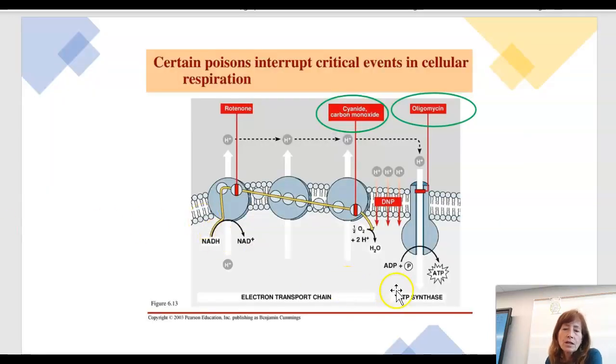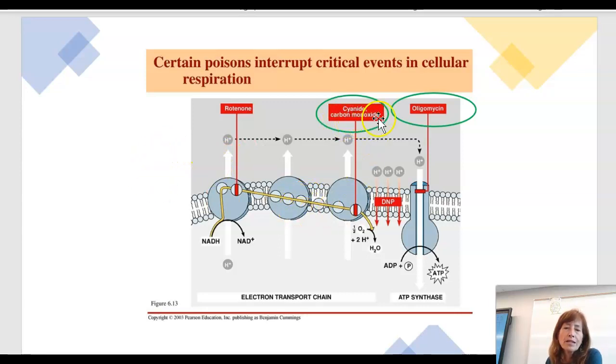I just pulled this from the internet to show you. There are lots of poisons and toxins out there, and a lot of them act directly on some of the enzymes of the different stages of any metabolic process. But here we're looking at cellular respiration, so these things are going to interfere.